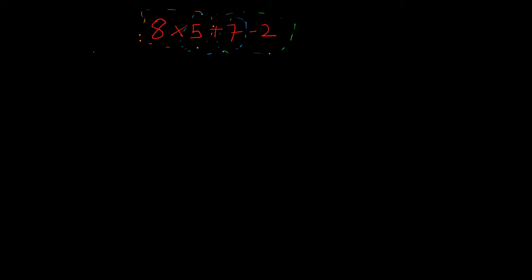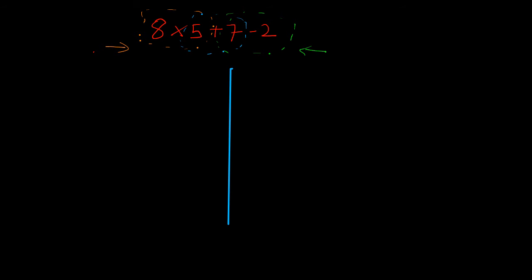Let's try the left one this way and this way and see if the answers are the same. If the answers are the same, maybe we can just do any of the approaches and get to the same answer.